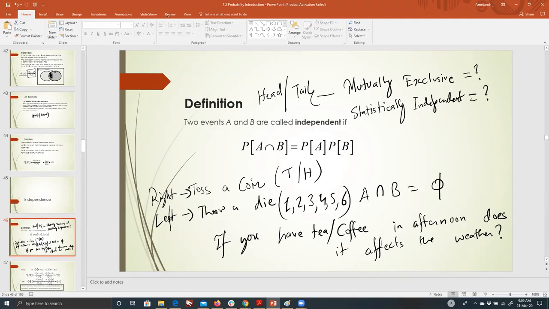If it doesn't have to rain, it will not rain. So statistically independent means that the occurrence of one event doesn't affect the result of the other event at all. Let's say there are two events A and B. Whatever happens with A has no impact whatsoever on B, and vice versa. Whatever happens with B has no impact on A.